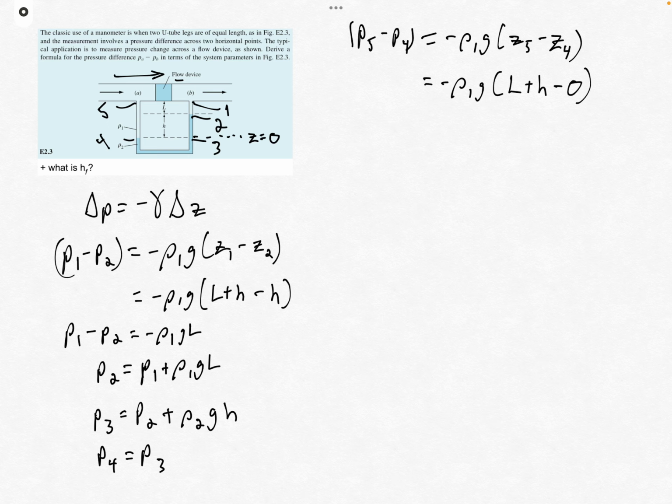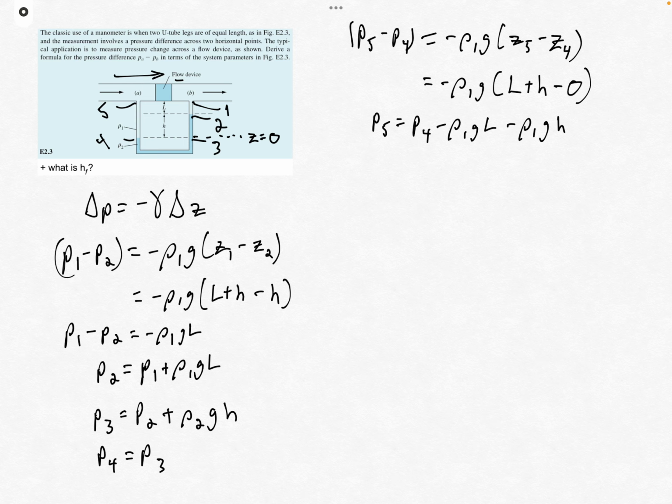So therefore, we're going to have P5 equal to P4 minus rho 1 G L minus rho 1 G H.